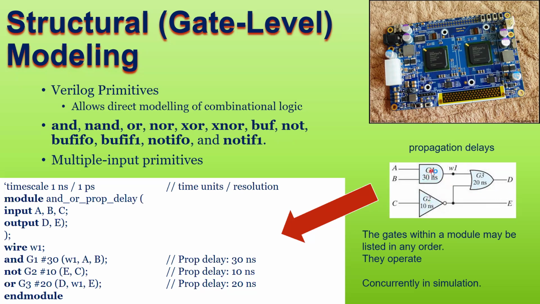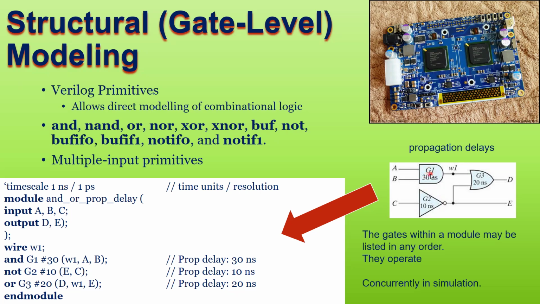So this is gate number 1, G1, and it has a delay, which is called a propagation delay, of 30 nanoseconds. In a practical circuit, each of these components will have its own inherent propagation delay. What is propagation delay?